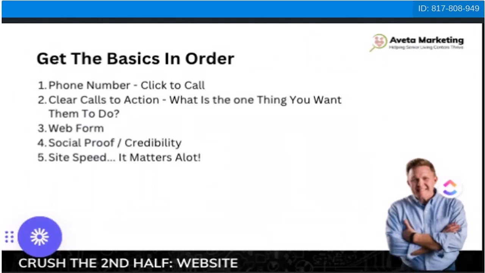Well, there is a phone number, but you have to go to the contact us page or really hunt for it. Most folks coming to your website are not going to work that hard to find it. So if you want the phone to ring, you have to put it at the top, either top left or top right, where they can find it.